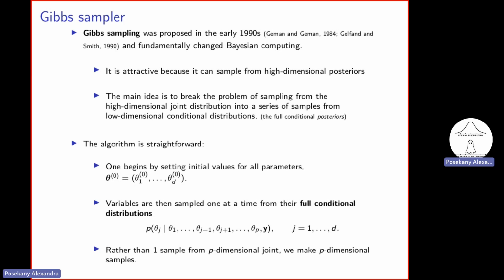That thing was proposed in the early 1990s, and this was really a breakthrough for Bayesian computation, because now it was possible to tackle high-dimensional posteriors and high-dimensional problems. And the high-dimensional problem is already a linear regression problem, because we were looking yesterday at linear regression, and we saw that, okay, we already have to have one estimator for the one-dimensional slope and a second one for the residual variance or the residual precision.